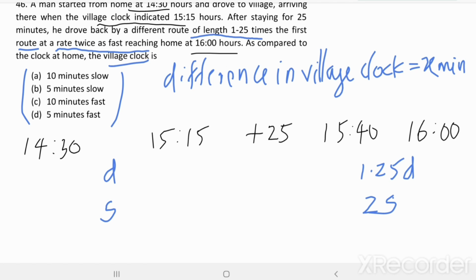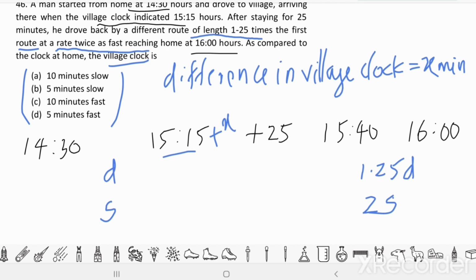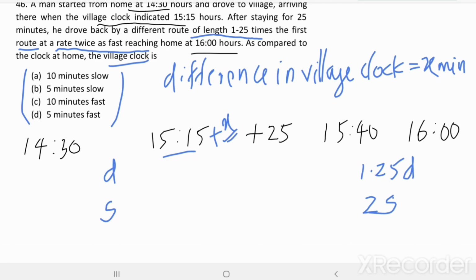If the village clock is fast, then we deduct x from this 15:15. If it is slow, then we add x to this 15:15. So there is a change of x minutes.